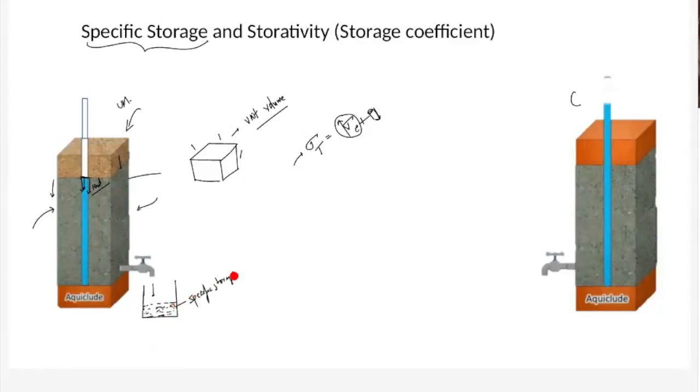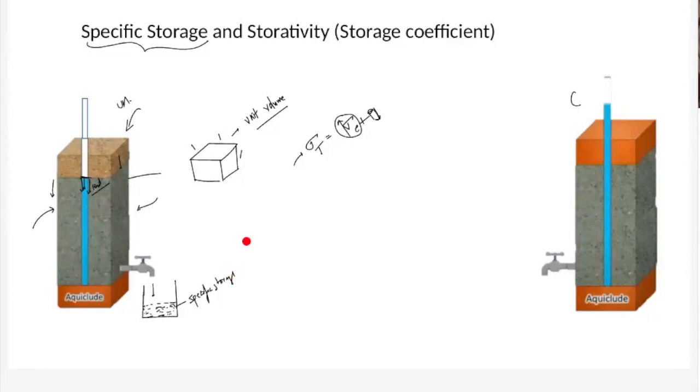So I am saying that if the head is decreasing, then the aquifer will be under more pressure, right? More stress, and because of this more stress, there can be compression of the aquifer, or you can say compaction of the aquifer, right? And because of that compaction, the pore fluid will release some water, right?